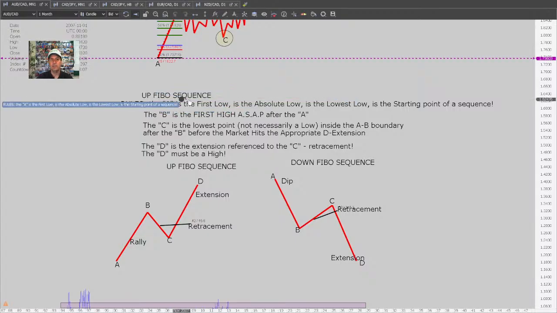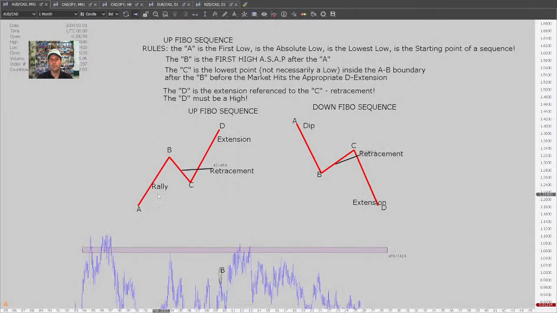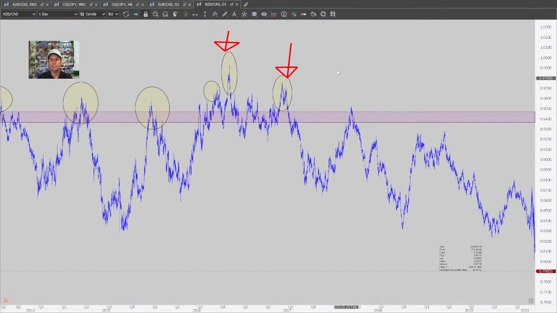You know the Fibonacci sequence rule: in an up Fibonacci sequence, the A is the first low, the absolute low, the lowest low, is the starting point of a sequence.